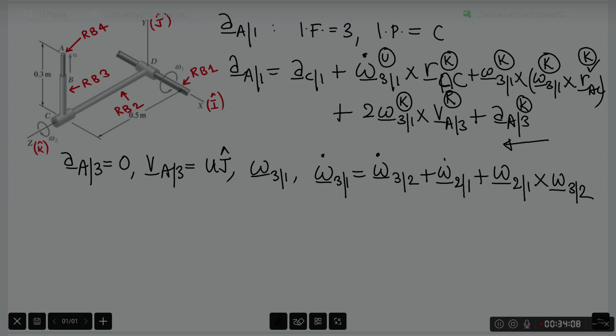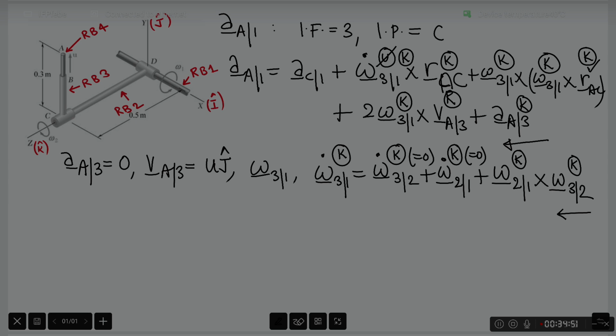This can be used here. Sweeping from right to left, is omega 32 known? Yes, known from the problem statement. Omega 21 is also known from the problem statement. Omega dot 21 is also known. In fact, this is 0. And omega dot 32 is also known, and that is also equal to 0 from the problem statement itself. Consequently, I can now say that I know omega dot 31, so I will strike off U and write here known.